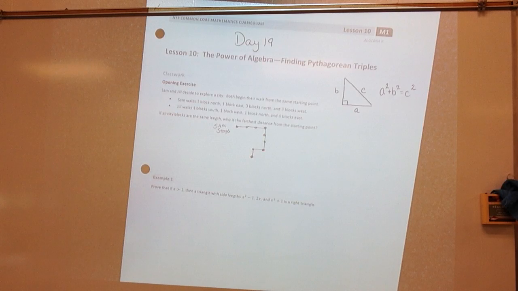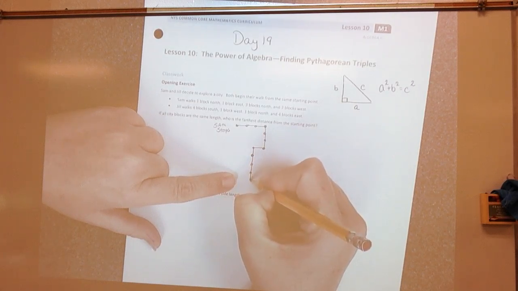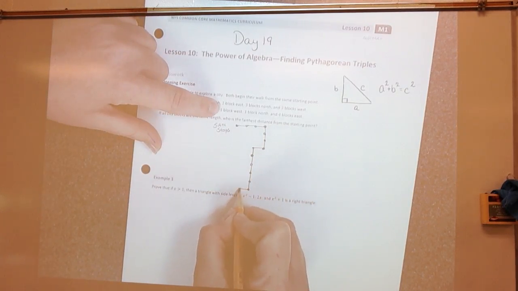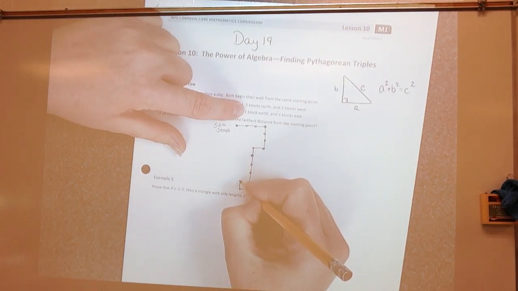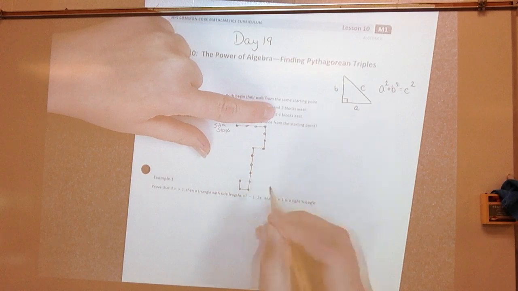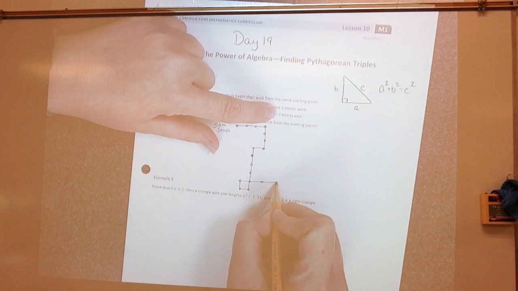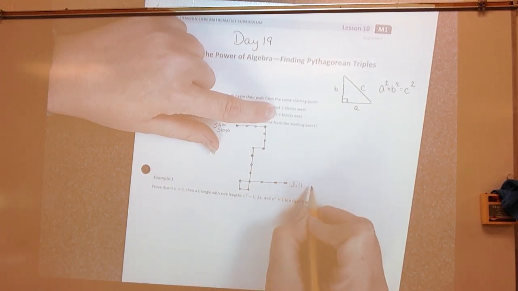All right. Then it says Jill walks 4 blocks south, 1 block west, 1 block north, and 4 blocks east. So this is where Jill stops.